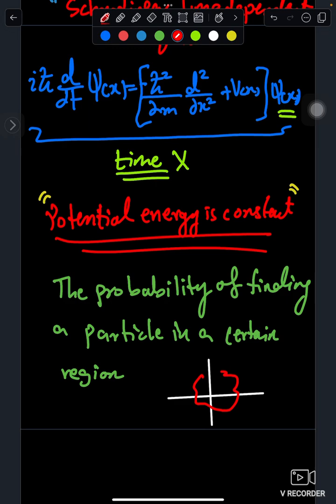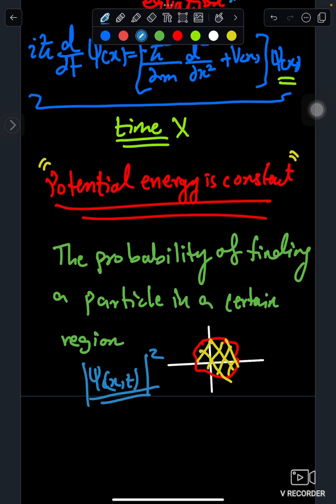So this area can be taken as the region, and we can find it through this. But the problem is that this is all probabilistic.